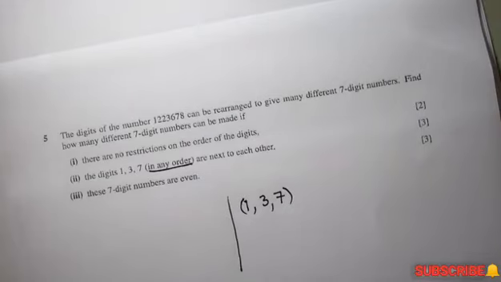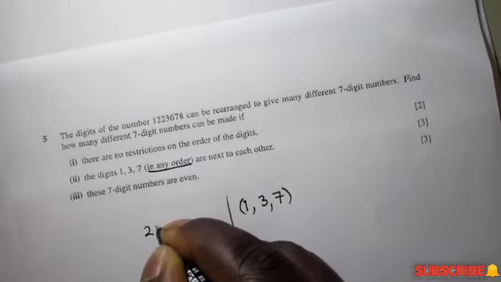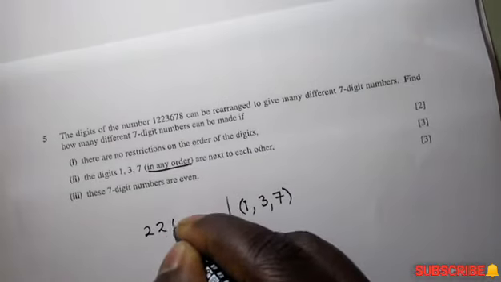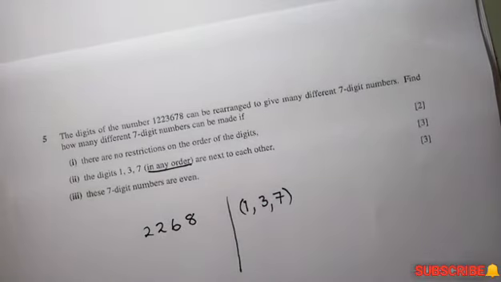In simple terms, 1, 3 and 7 must be together. I hope you are listening. Right. Then the rest of the numbers, I'm going to write them on my left side. So the rest of the numbers, we have 2, 2. I hope you are following. Then another number that we have is 6 and 8. Those numbers are not 1, 3 and 7. You write them on their own on the left side. I hope you are listening.